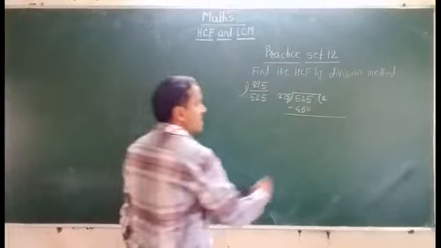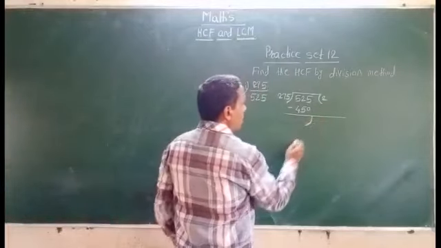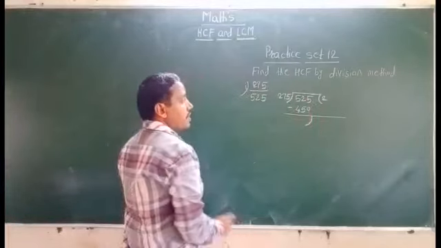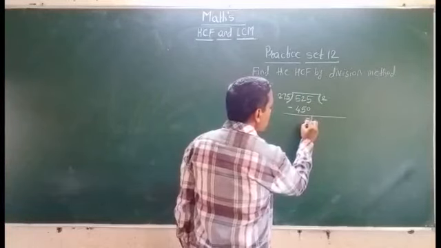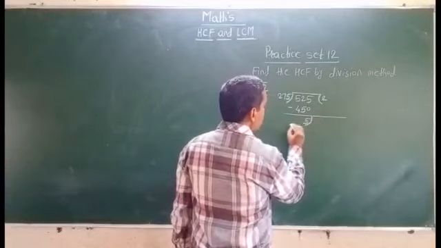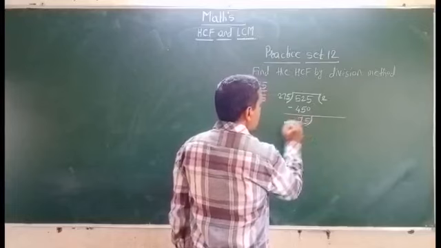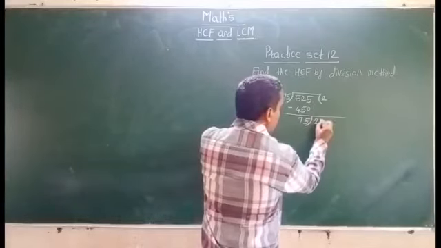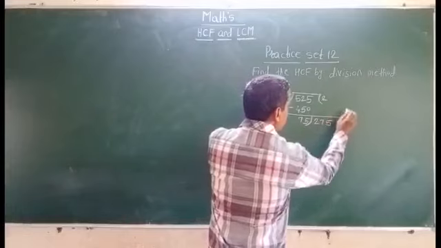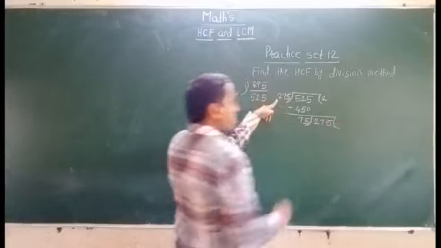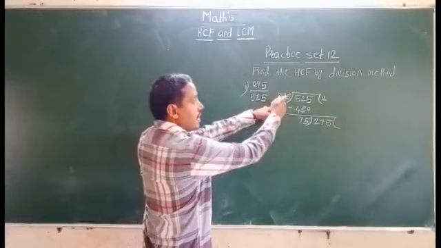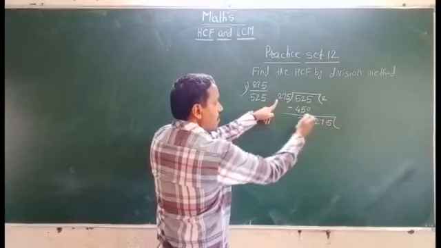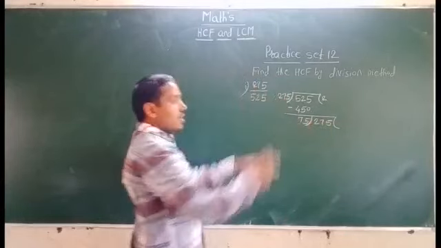We subtract 450 from 525. We get the answer 75. And we write down that 275 in here, and we write down the 75 in here.